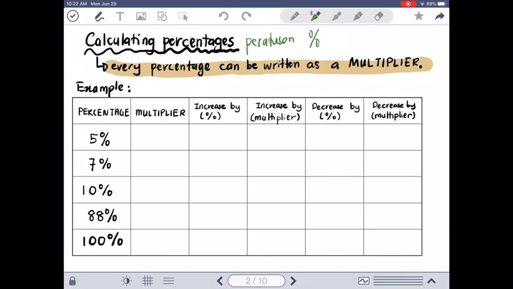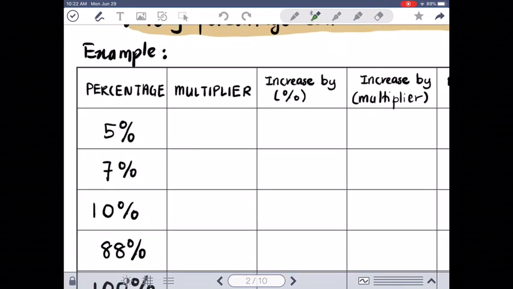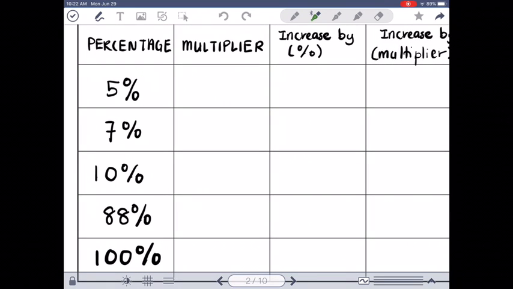So what is a multiplier? Let's have a look at an example. If you have 5% here, 5% is just 5 over 100, which is equal to 0.05. So the multiplier for 5% is 0.05.